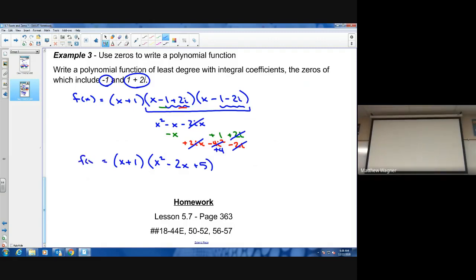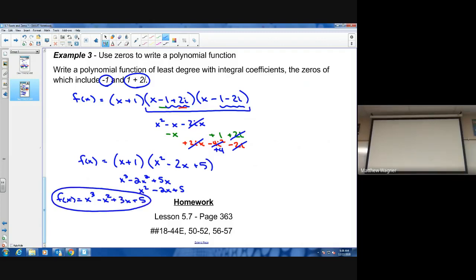Then the last thing we need to do to figure out the final polynomial is distribute out the x plus 1. So we wind up with x cubed minus 2x squared plus 5x. We have x squared minus 2x plus 5, which means our polynomial function of least degree is x cubed minus x squared plus 3x plus 5.